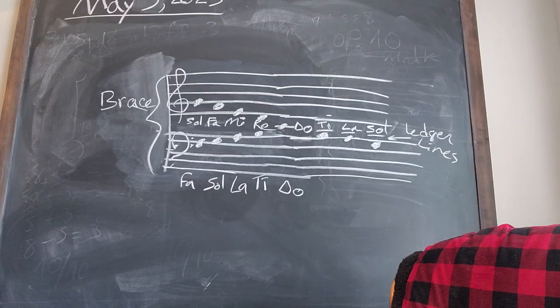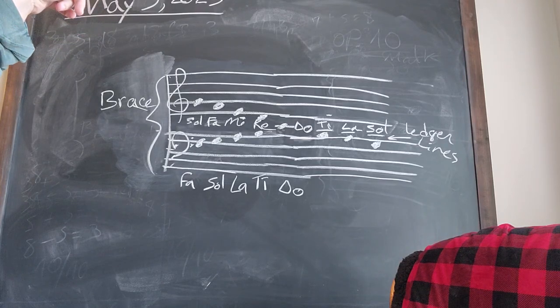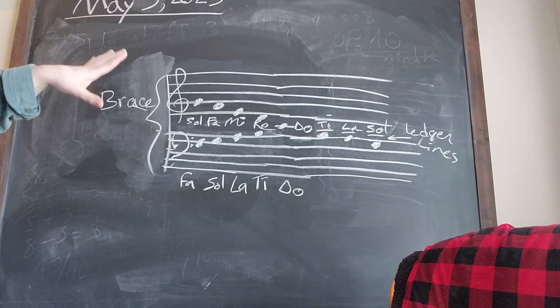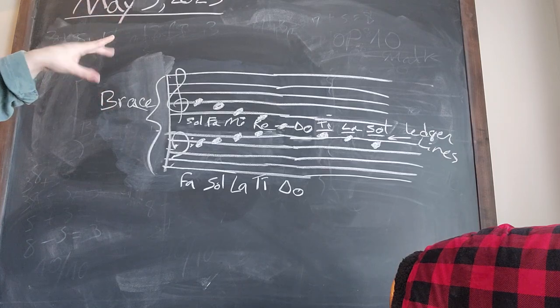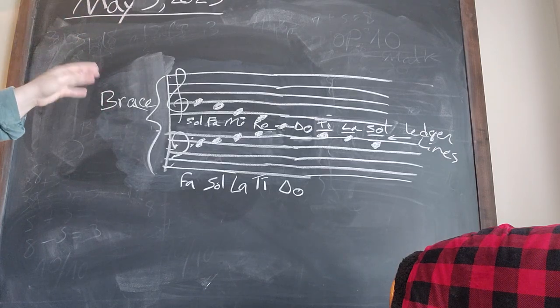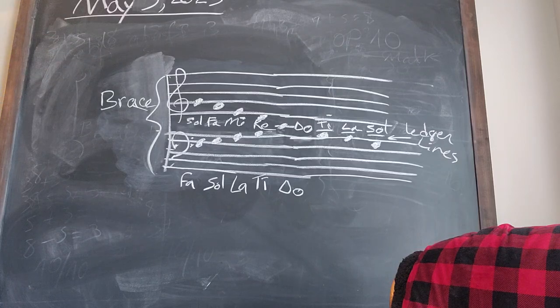So this is why this middle do or this middle C is extremely important. This middle C is what links the two staffs, the treble and the bass staff, together.